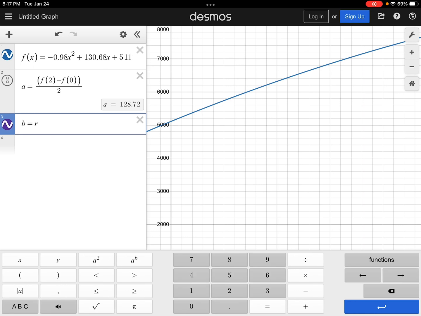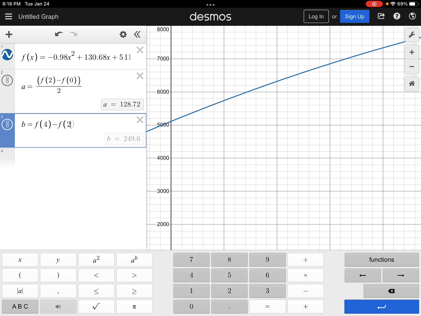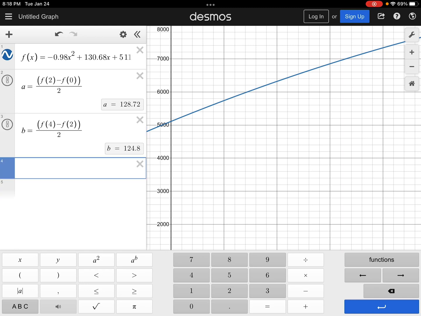So we're going to have f of 4 minus f of 2, divided by 2. Okay, and now I got 124.8. So I have the first differences, and I can keep going.